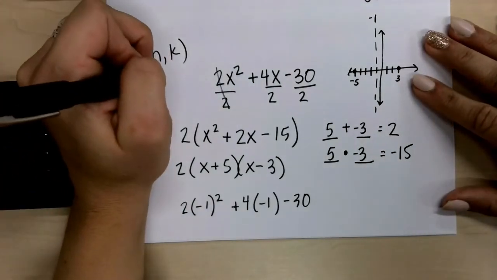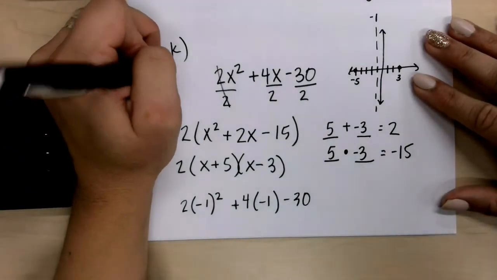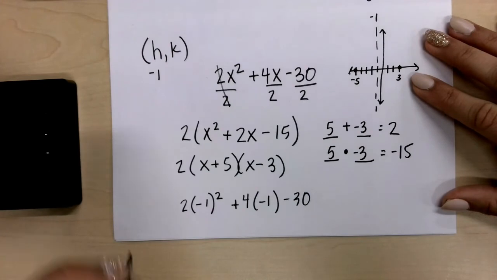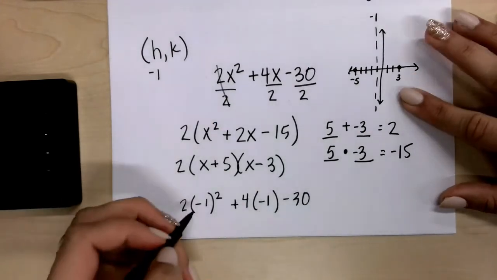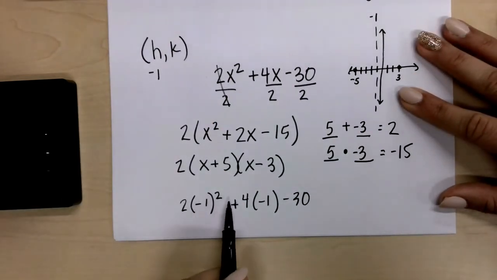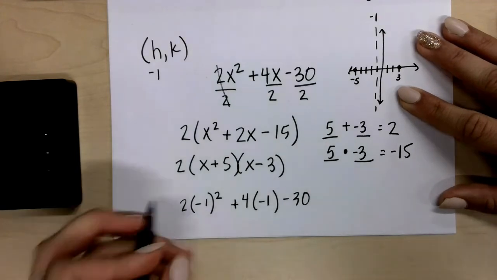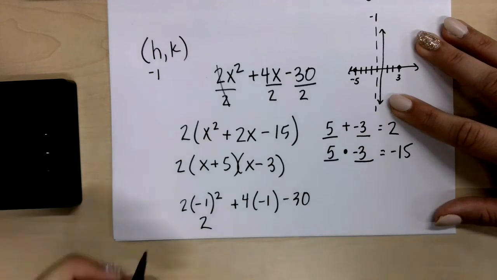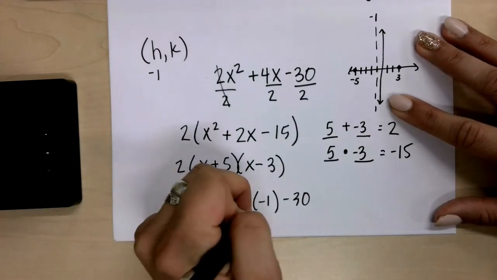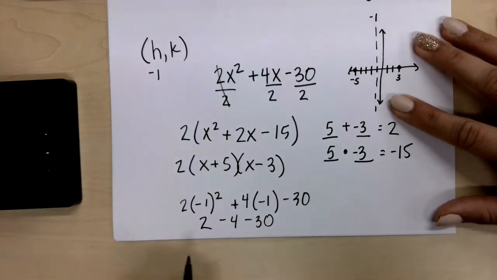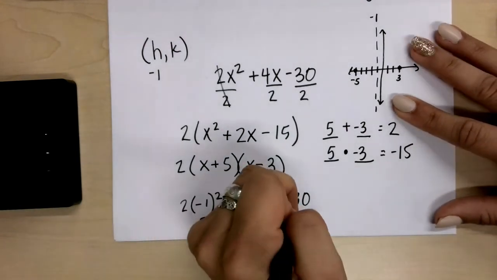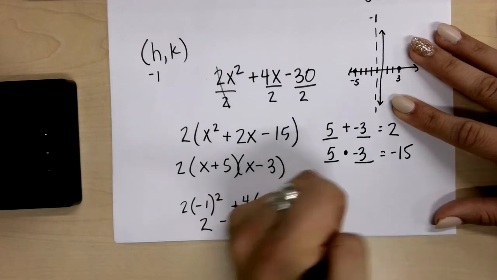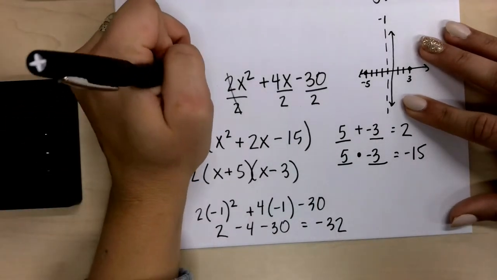So right now I have a -1, and I need to find what the k value is. So -1 squared would give me a +1. 2 times +1 is 2. 4 times -1 would give me a -4 minus 30. So 2 minus 4 gives me -2, minus another 30 gives me a -32. So I have -32 here.